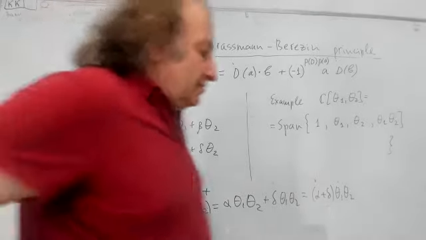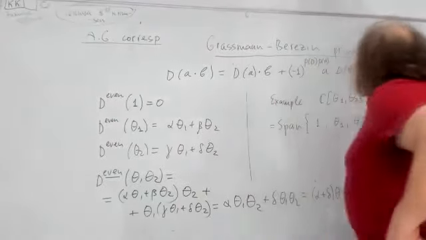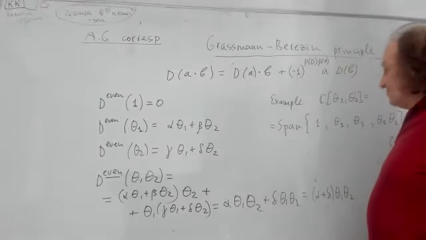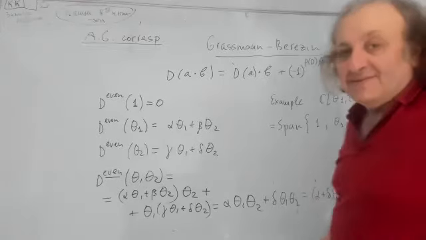But at the moment, if we multiply those two lines, we get the determinant of this matrix times theta 1, theta 2. However, trace is connected with the derivative of the determinant.